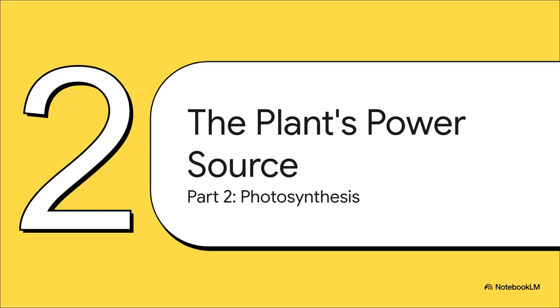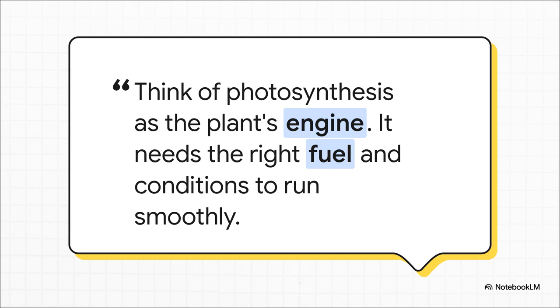All right, on to our next ingredient. Now that our plant has a schedule, it needs energy, right? It needs fuel. So this next part is all about the plant's power source, good old photosynthesis. The model basically treats photosynthesis like an engine. It takes in fuel, light, CO2, and it converts that into the energy for growth.